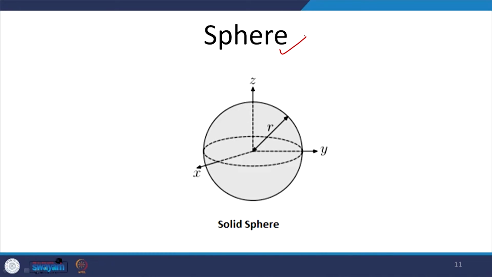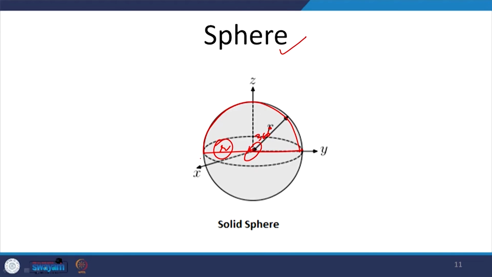The last one of these solids of revolution is a sphere. And what is a sphere? A sphere is a solid which is generated by rotating, revolving a hemisphere. If you rotate this hemisphere by 360 degrees, we will get a sphere. It is as simple as that. And the only dimension that we have to remember in a sphere is the radius.